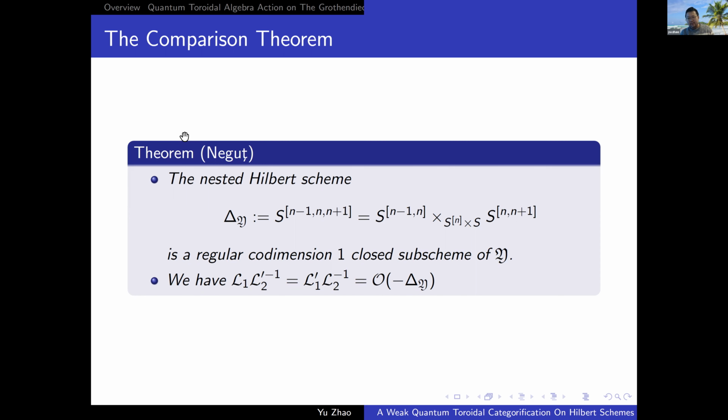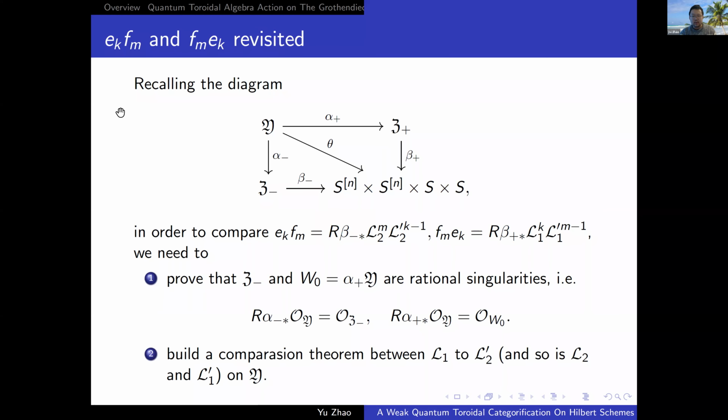This problem would also appear in the case of the positive part, but it would be much easier for the positive part, because for the positive part, the preimage of alpha plus and alpha minus could either be one point or a P1.